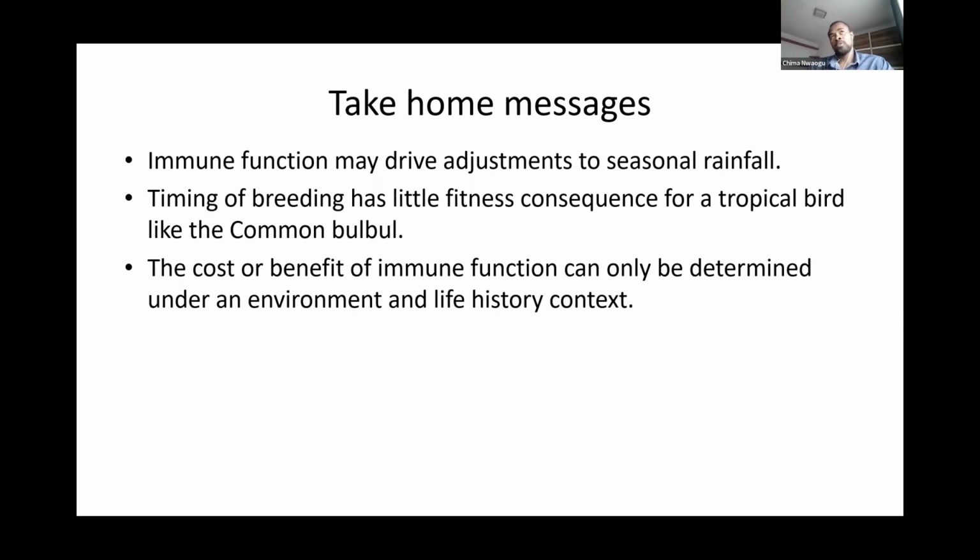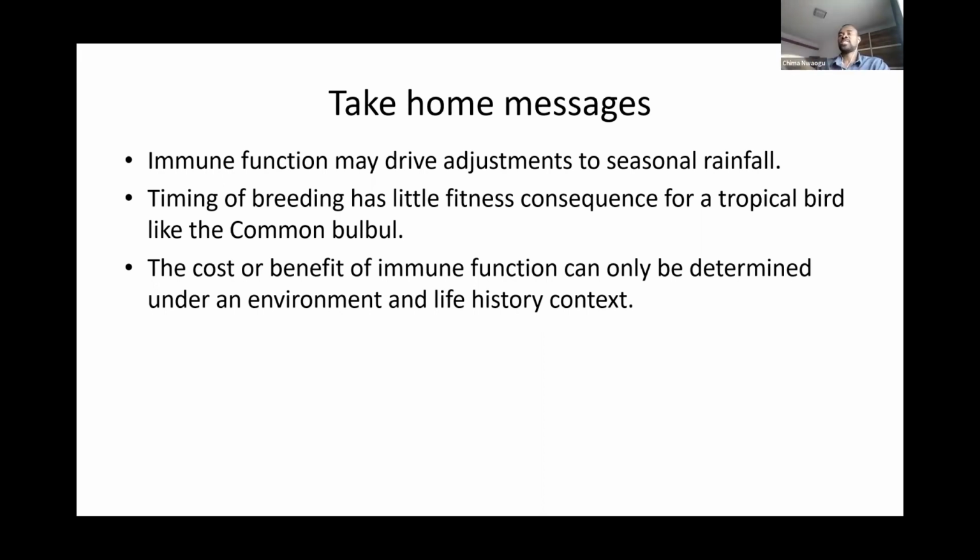So to interpret whether immune function is costly or not, we can only interpret that within an environmental context or within a life history circumstance. So we cannot just say investment in immune function should lead to a decrement in body mass or should make birds stop breeding.